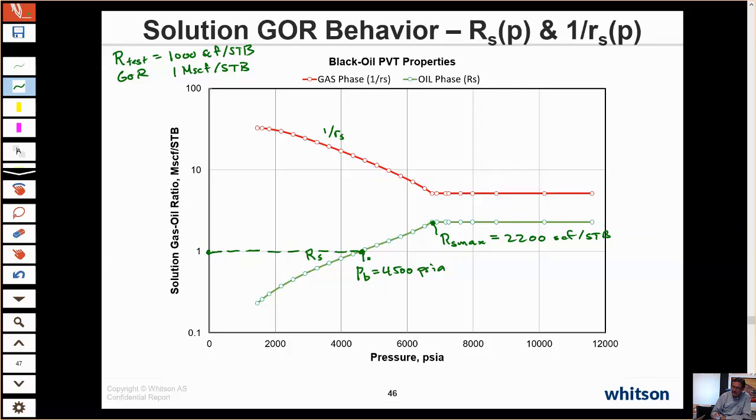Now, from 4,500 PSIA and outwards, at any pressure you like to use, you've got all of the undersaturated properties you need, Bo and viscosity. If your initial pressure is right here, you just go into your table. This is the oil we've got. It's got this 1,000 cubic feet per barrel with a 4,500 bubble point, and at 8,000 pounds, you can go get properties Bo and mu.